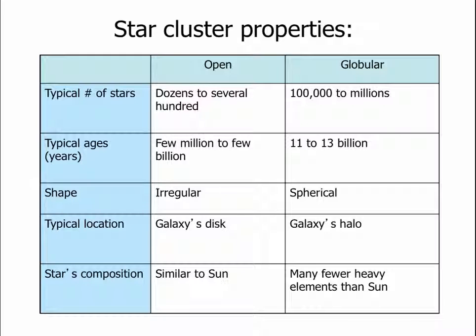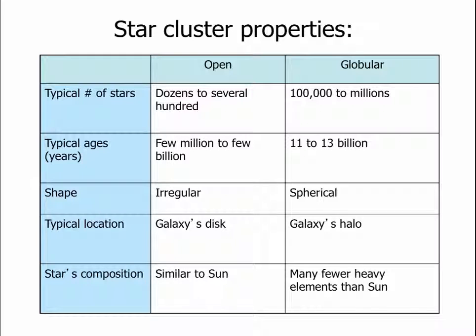Now if we then go to globular clusters, well, globular clusters have a lot more stars, 100,000 to millions of stars. Globular clusters are all old. Our best estimates of their ages are that every globular cluster in our galaxy is between 11 and 13 billion years old. We saw that all globular clusters look about the same. They're kind of spherical in shape, circular in shape.